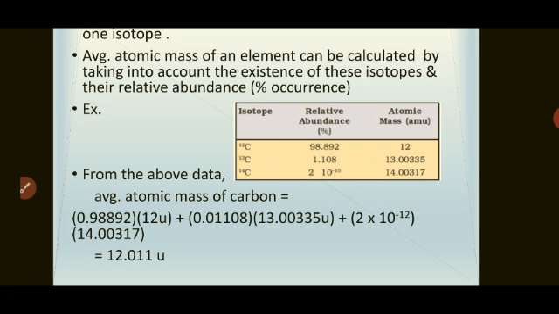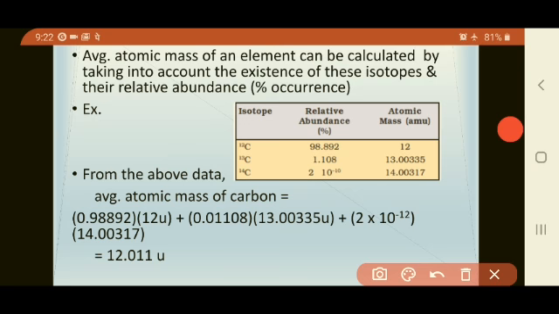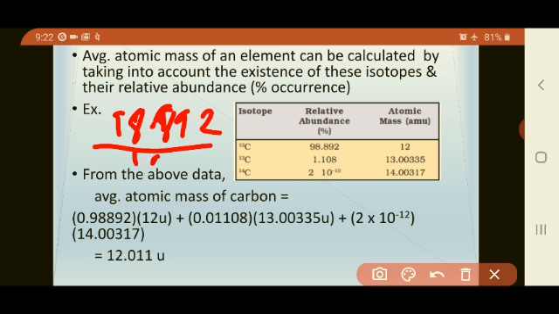Now here is the example given. You can just go through the textbook also. You will come to know how to solve the problem. So 0.98892 is nothing but 98.892, the percentage abundance, divided by 100.